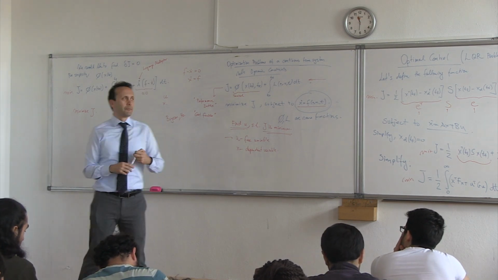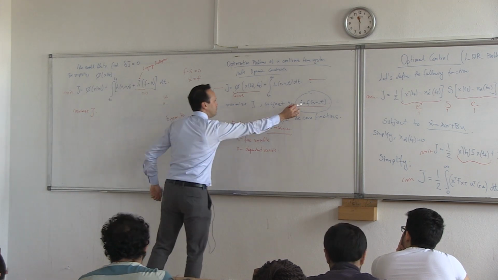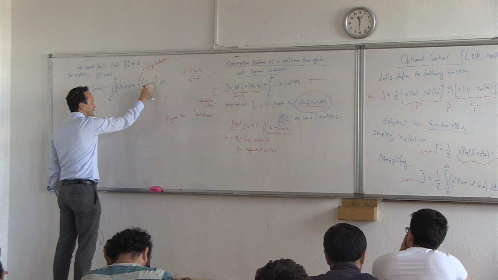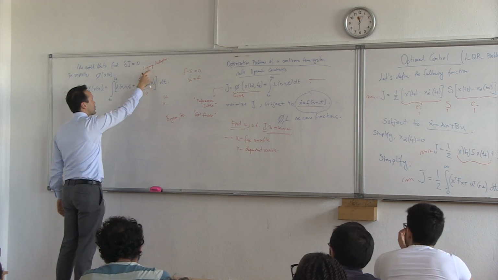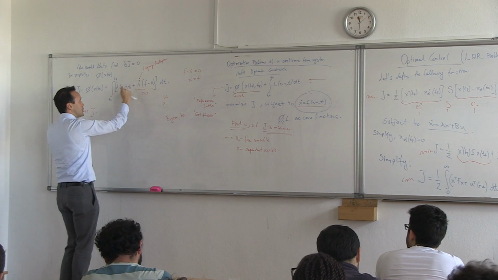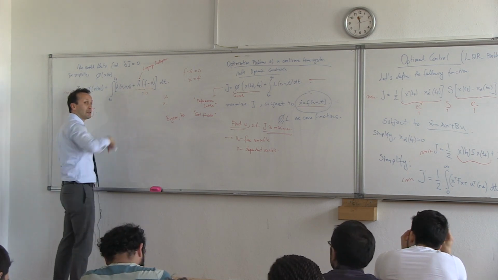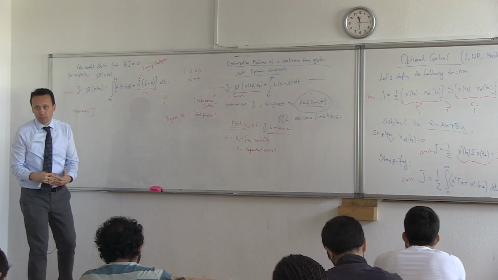So how do you add a dynamic constraint into your problem? That's how you add it. F minus x dot is equal to 0. You add it with a Lagrange multiplier. The optimization problem will try to keep this as small as possible, and therefore it will try to keep it at 0.